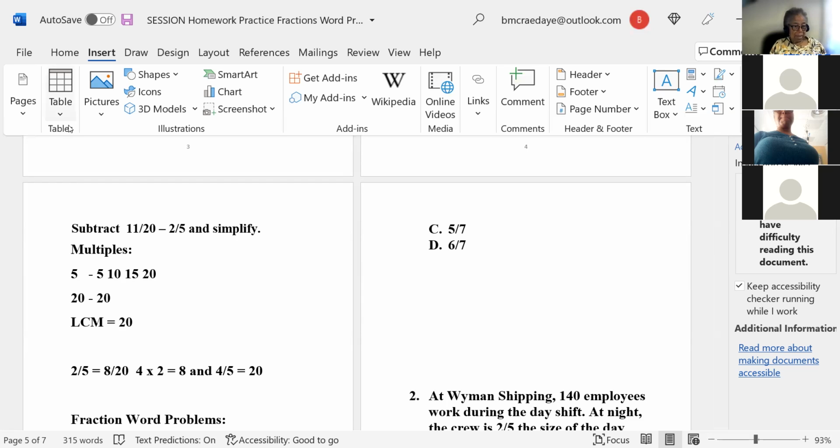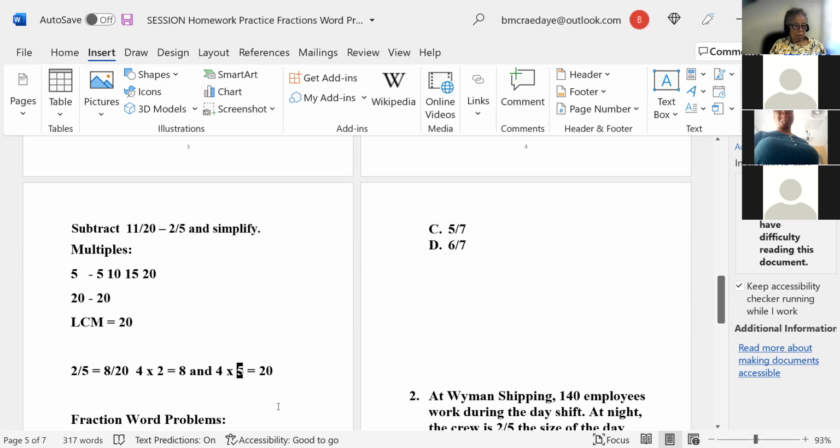Sorry, this is not 4 divided by 5, it's 4 multiplied.